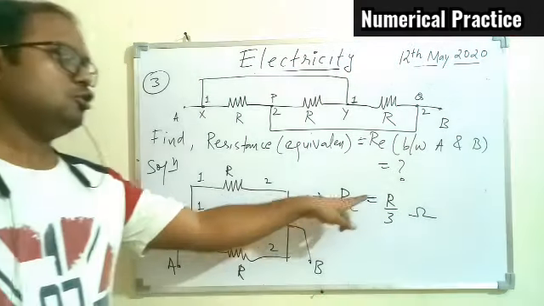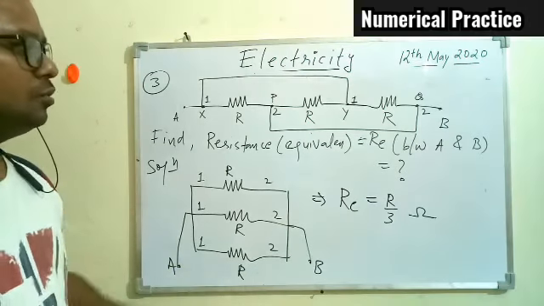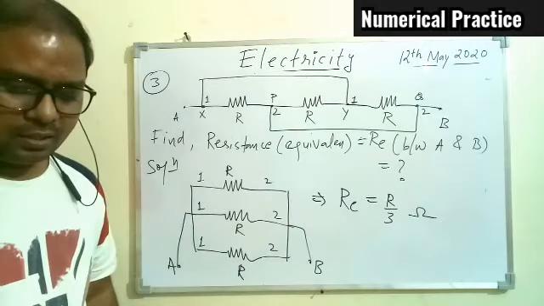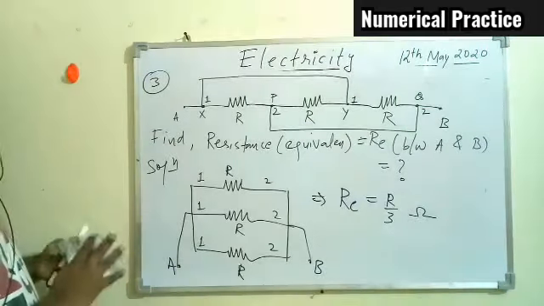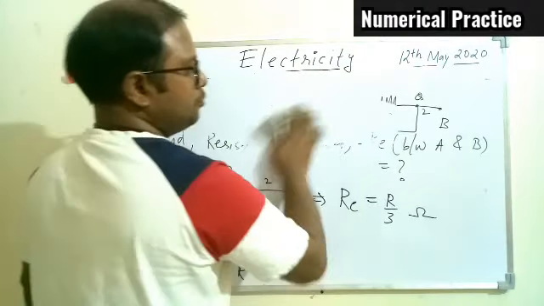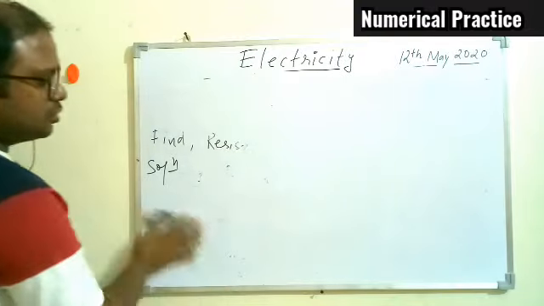If the value of R is known to us, we can find it out. If it is not known, just remember this concept. I hope this part is also clear. So we are going for the next one. This type of circuit is also very important in class 10, and it looks so complicated but it is not.